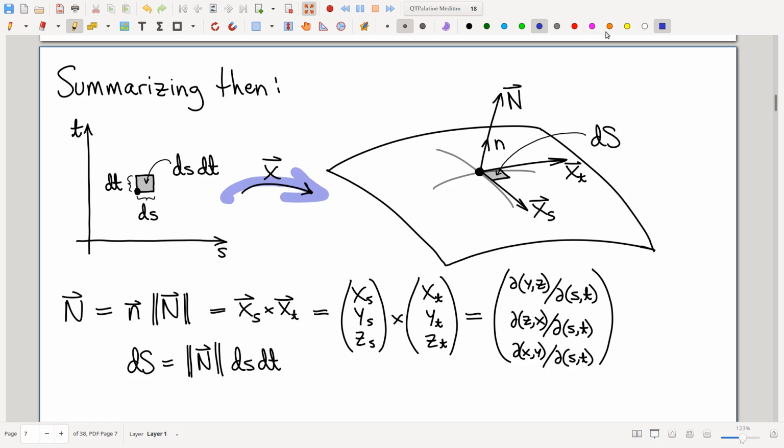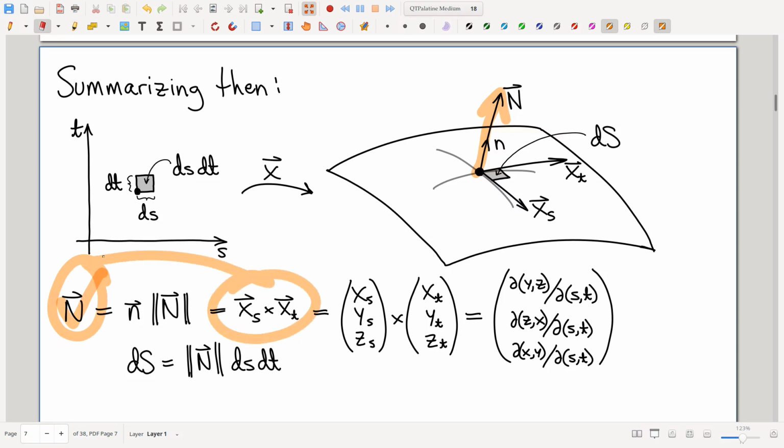And a little piece of area in the parameter space, a resulting little piece of area on the surface itself, stretching factor to figure out how much that gets stretched out, and that stretching factor, we agreed, is the magnitude of capital N, which is computed by this formula.